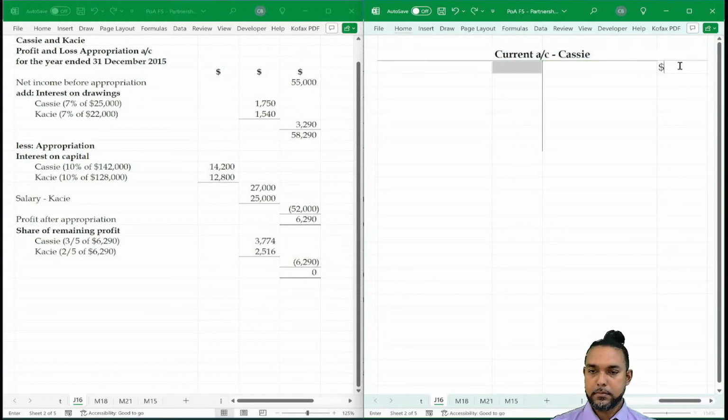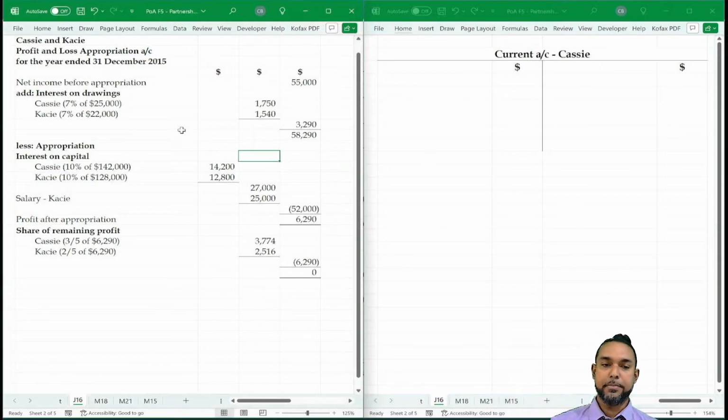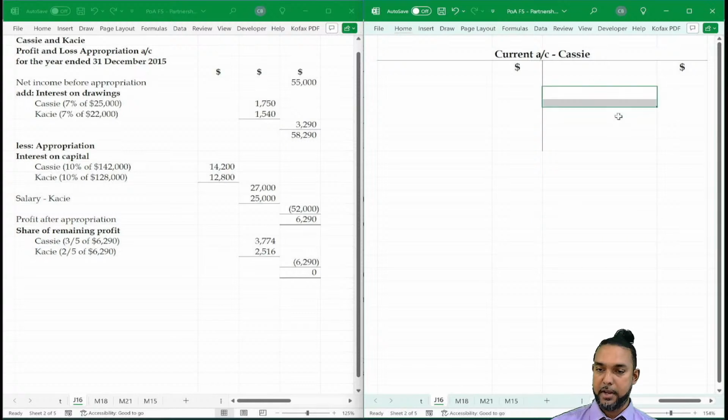Right. So a current account is an account to show the partner's earnings and withdrawals, all summarized in one place, right? So the earnings for the partner will go on the credit side. The withdrawals will go on the debit side. And again, you only have 3 earnings items and you only have 2 withdrawals items. You also have balances, but we'll talk about that just now, right?